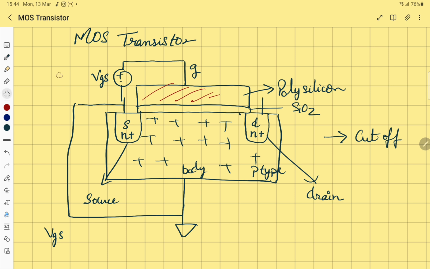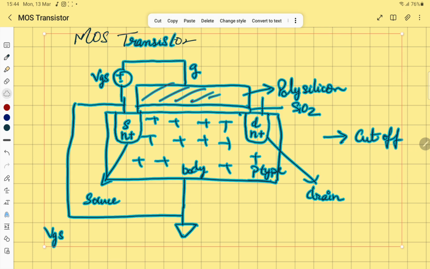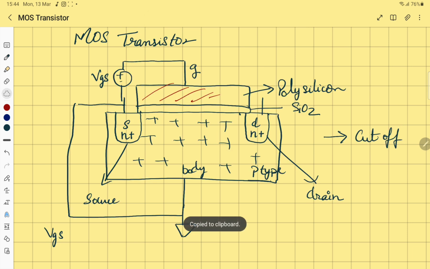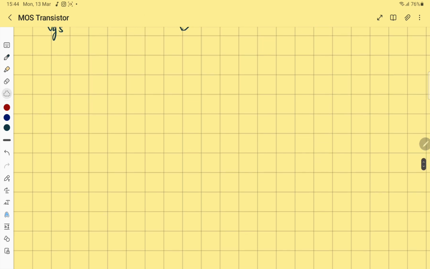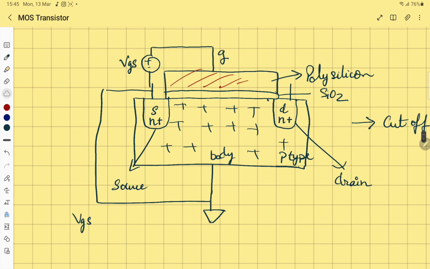Now, if we take this diagram again, let me just copy this. And we apply some potential between the drain and the gate as well.